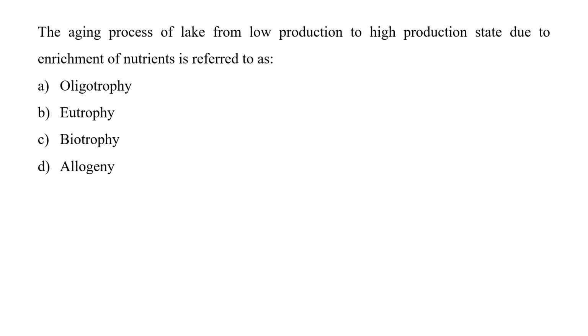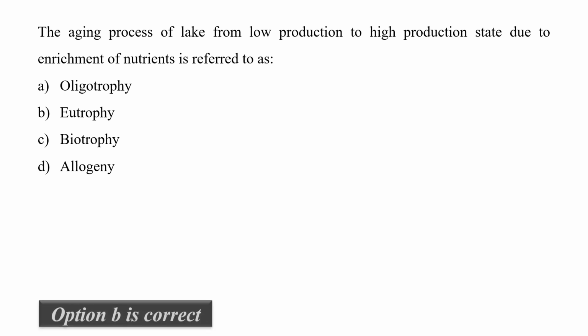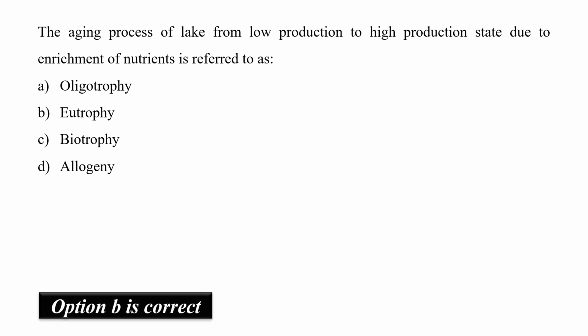So eutrophy is the process when the lake heads from a low production to a high production state due to enrichment of nutrients. An example of eutrophy can be an algal bloom or the increase in phytoplankton in a lake, pond, or a river due to enrichment of the level of nutrients. So the correct option is option number B, eutrophy.